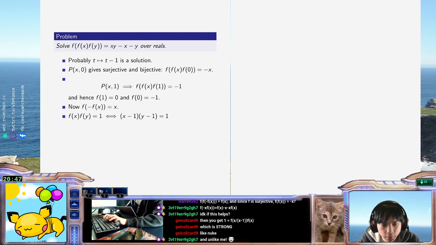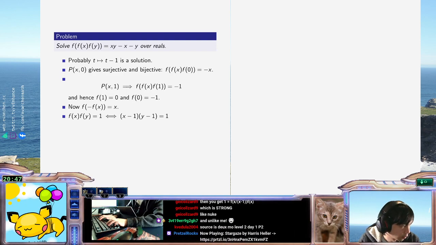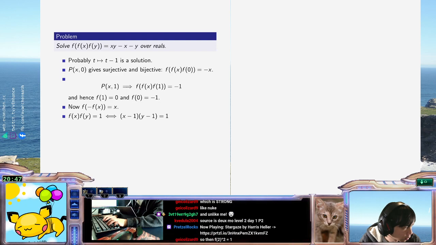Okay, yeah. Let's do a triple thing though. So f of minus f of x equals f(x). Wait, how does that? No, that doesn't do anything. Oh, actually no, this is fine.